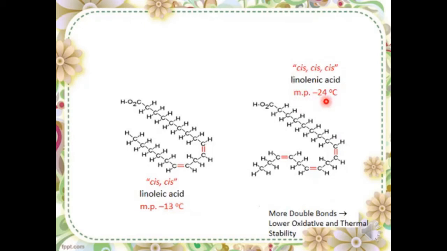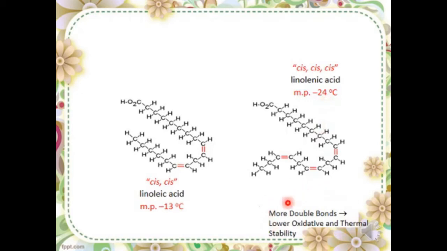And that is why if there are more double bond present in fatty acid, it is reducing in terms of its oxidative and thermal stability. So it becomes more unstable.